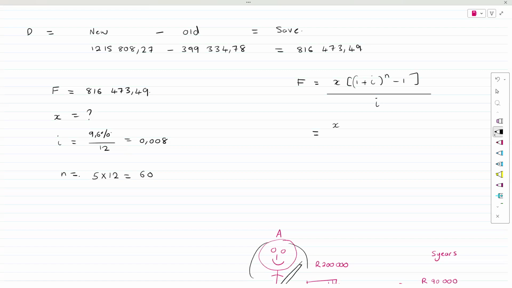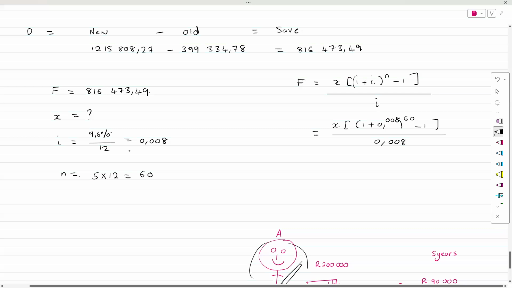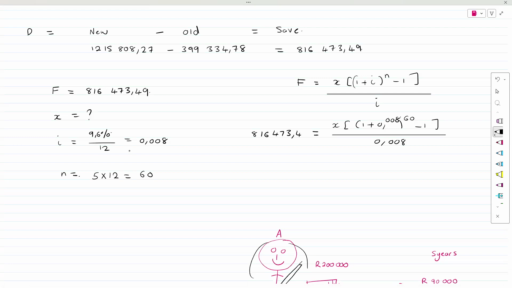So X is unknown. This is 1 plus 0.008 to the power of N, which is 60, minus 1 all over 0.008, and we should be able to work with it. The amount we need to save is 816,473.49, guys, and we start to work with algebra.